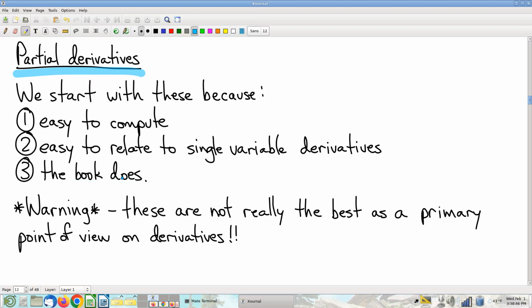But I want to give you a warning, though, and that is just because we're starting with these does not mean that this is sort of the fundamental cornerstone point of view that you should have on derivatives. In fact, I don't think they are. When you leave this course in May, right, and if someone were to ask you, fundamentally, you got 10 words, fundamentally, what is a derivative of a multivariable function?